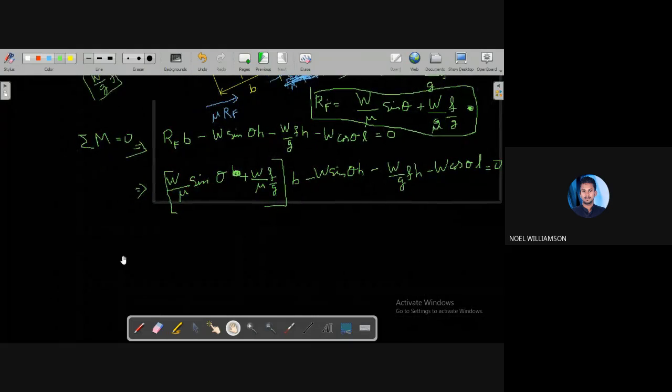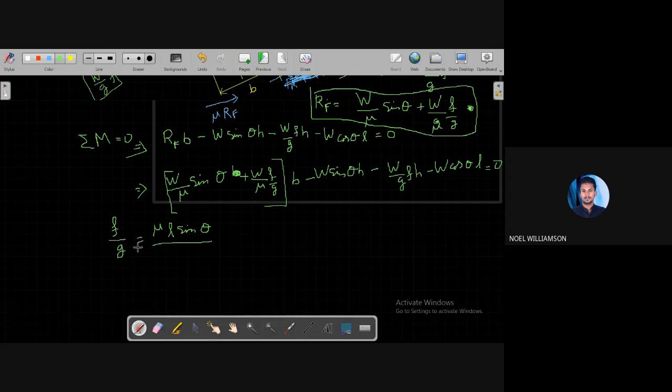From that, on simplifying, we will get the relation for f by g as mu L sin theta divided by B minus mu into H minus sin theta.